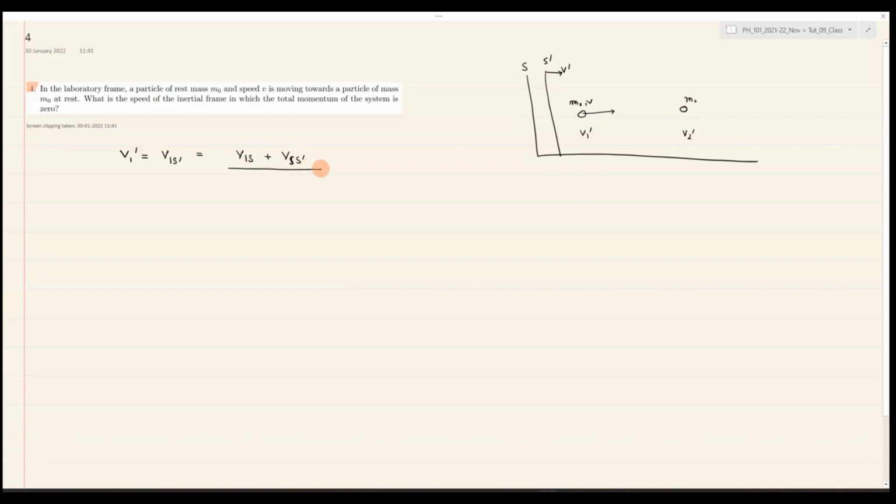But in relativity we have to put one more factor, 1 plus this value into this value by c square. Yes, minus would come. We know the speed of S prime with respect to S is v, so the speed of S with respect to S prime will be minus v.